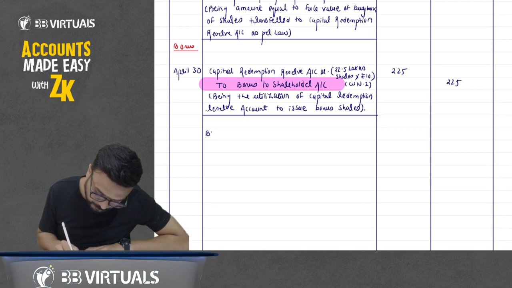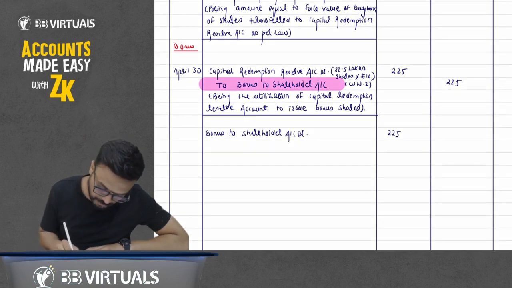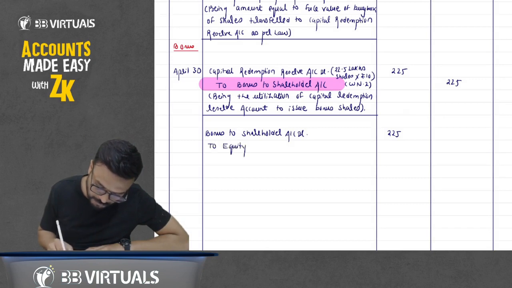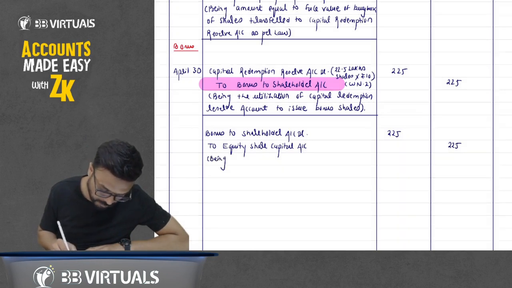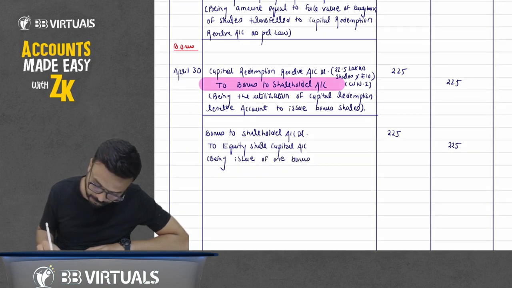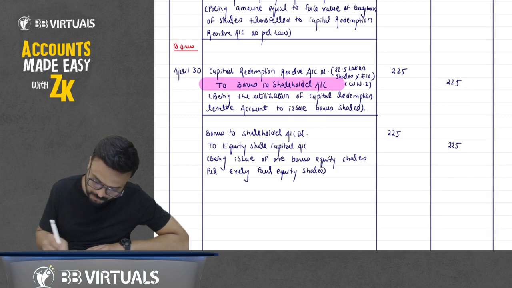So the next entry: bonus to shareholder account debit 225, to equity share capital account 225, being issue of one bonus equity share for every 4 equity shares.